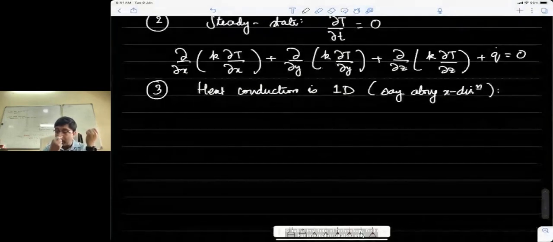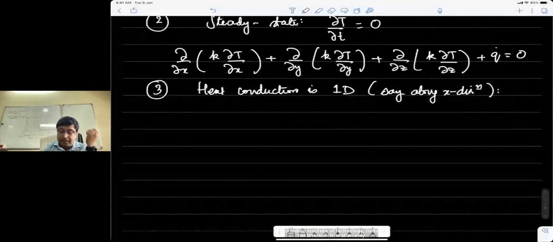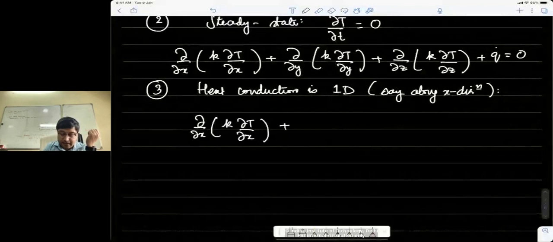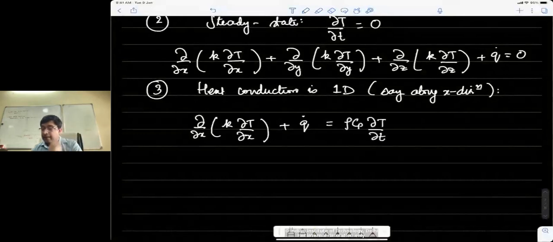That would mean that the d by dy and d by dz derivatives are 0. So we'll have d by dx of k dT dx plus q dot is rho cp dT dt.